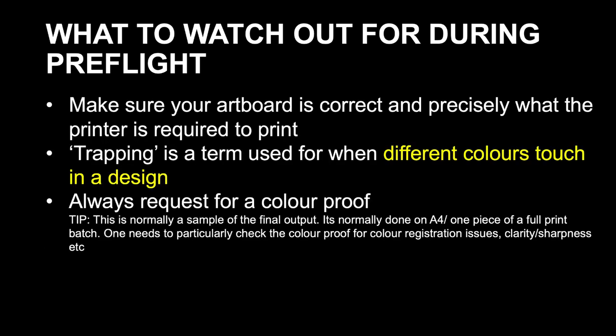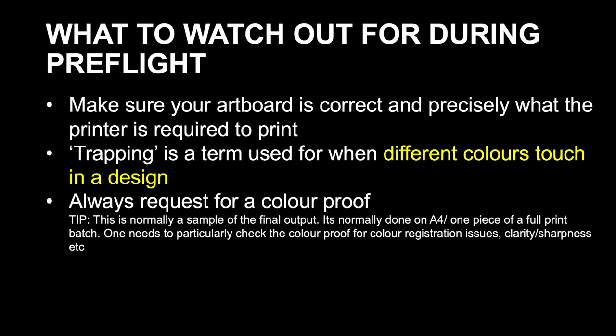Another thing is to make sure your artboard is correct and precisely what the printer is required to print. For example, if you're going to print a DL envelope, make sure it's a DL envelope. If you're going to print C5 envelopes, ensure your artwork is set within that very specific artboard, and check that you don't confuse lengths and widths because they do differ. Also ensure that you are orienting your scale as a true ratio.